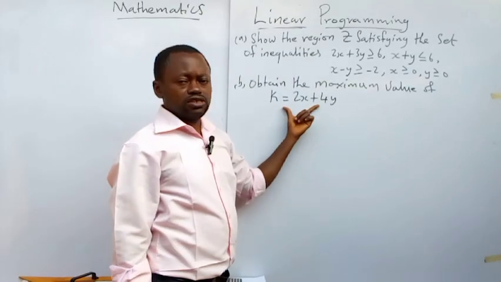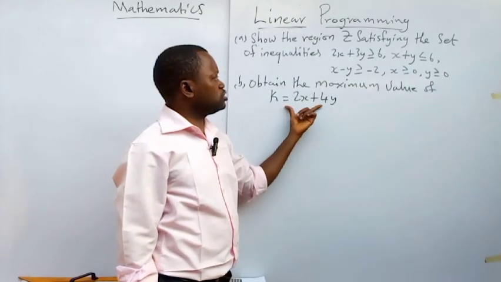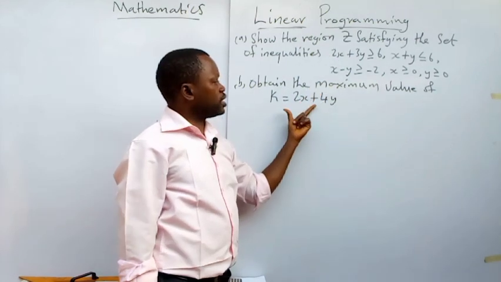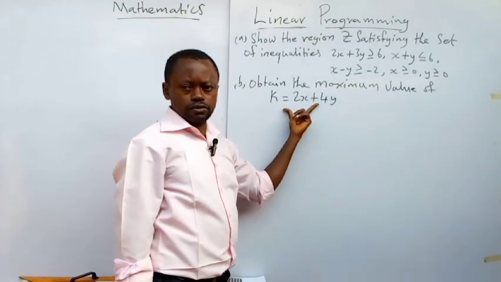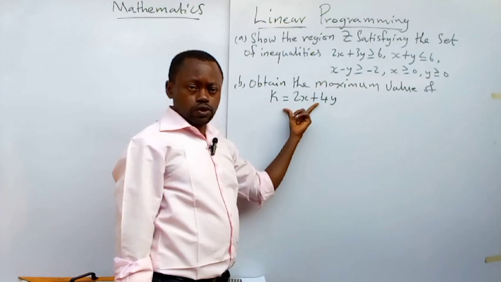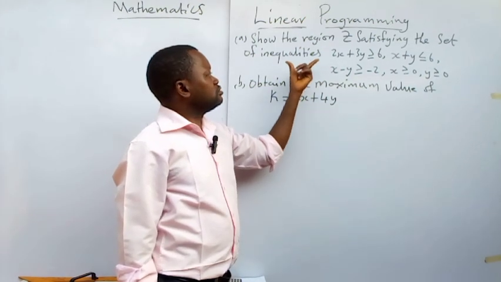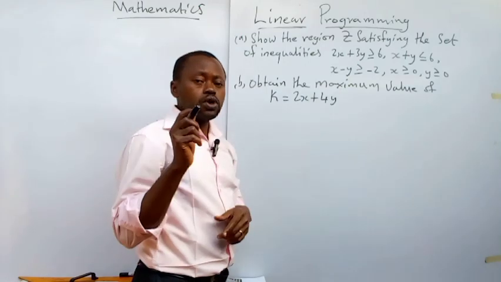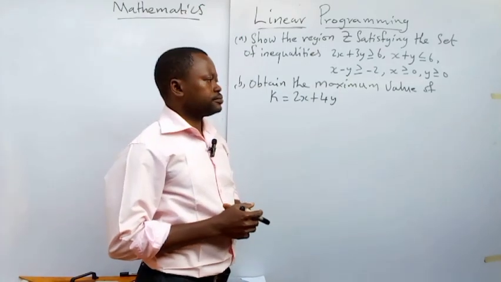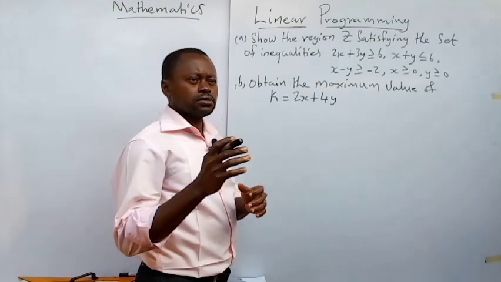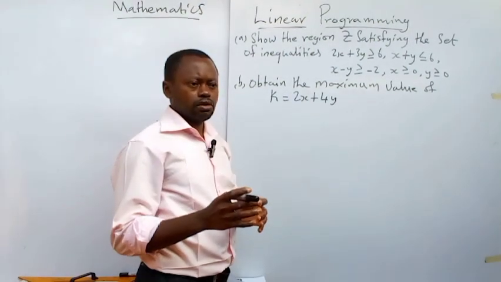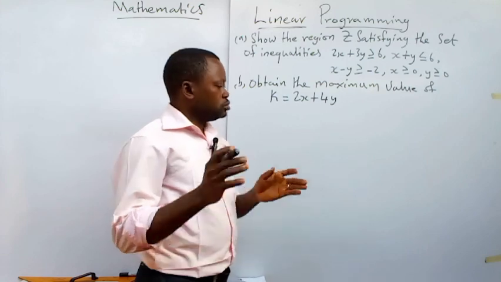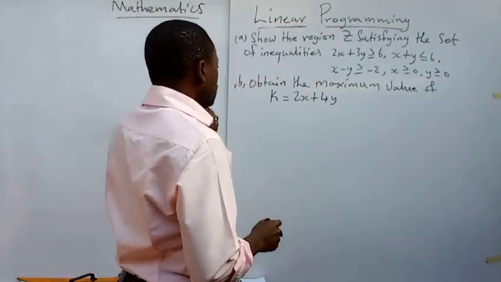And then this is the objective function, which is subject to these constraints. We are looking at how we can maximize this function. These are the constraints, this is the objective function, and what we want to deploy is a graphical method of presenting linear inequality. So follow me as we look at that.